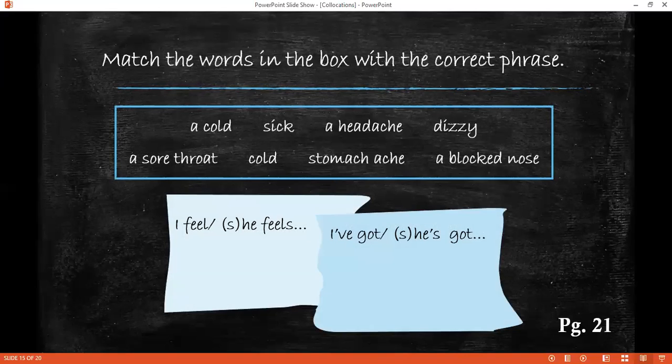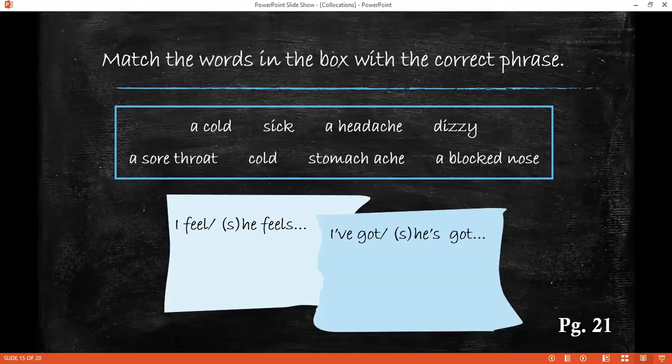It is on page number 21, activity 6, word study. If you have found it, you can do it in the book, right? They have given you some of the words in the box and the phrases they have shown on that page. I feel, she feels, he feels.